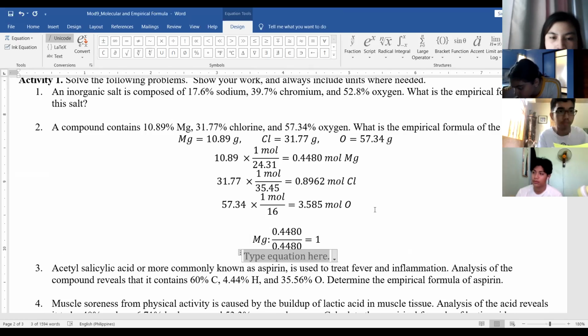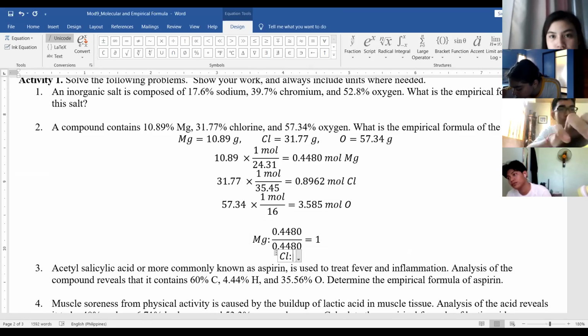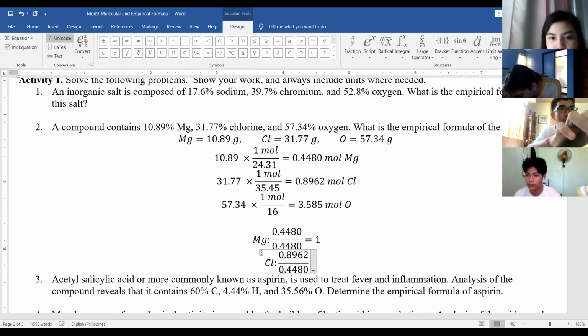Following that value is chlorine. For chlorine, you have 0.8962 divided by 0.4480. The result is 2.0004 or 2.0 or 2.